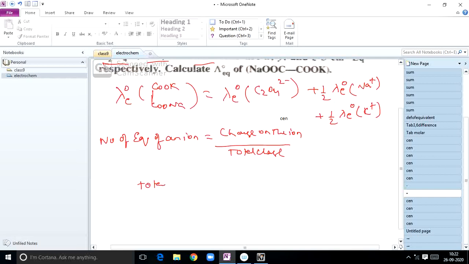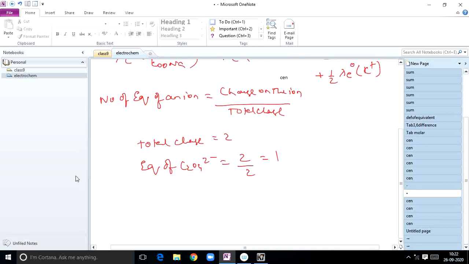Total charge of that complex is 2 units. Now equivalence of oxalate ion is equal to charge on the oxalate ion 2 by total charge 2. So 1. Next, equivalence of potassium ion. What is the charge on potassium? 1 by total charge. So 1 by 2.